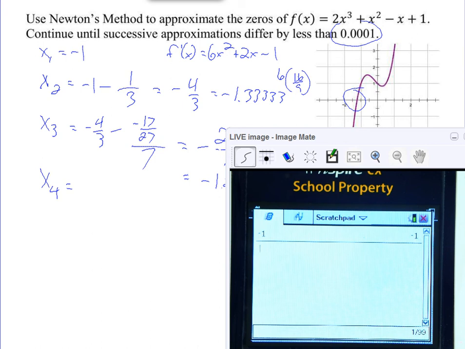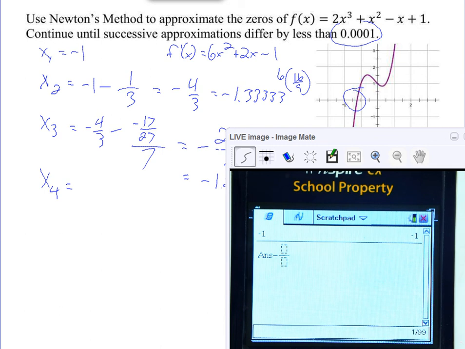That way, when I press enter, it will store that, and then I can press enter again, and it will take the answer from the previous and insert it into what I just entered and give me my newest answer. So to do that, we need x1, which was -1, but I'm not typing -1, I'm typing answer. Then subtract. Now I'm going to create a fraction template. You can press control above the division bar.